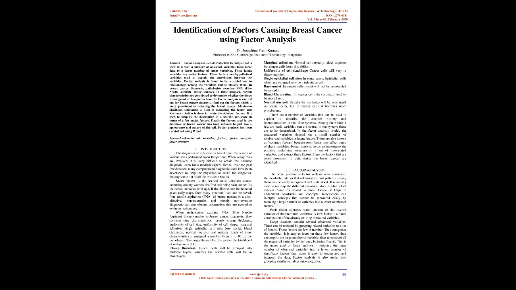Single epithelial cell size: in some cases, epithelial cells which are enlarged may be infectious cells. Bare nuclei: in cancer cells nuclei will not be surrounded by cytoplasm. Bland chromatin: in cancer cells the chromatin tends to be more harsh. Normal nucleoli: usually the nucleolus will be very small in normal cells, but in cancer cells it becomes more protuberant.